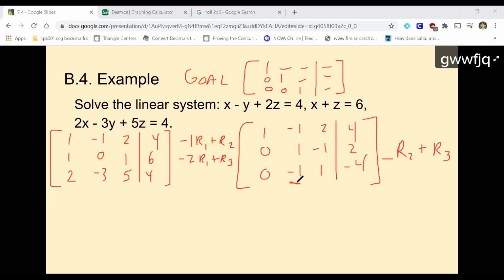It's just the opposite of this number. +1.